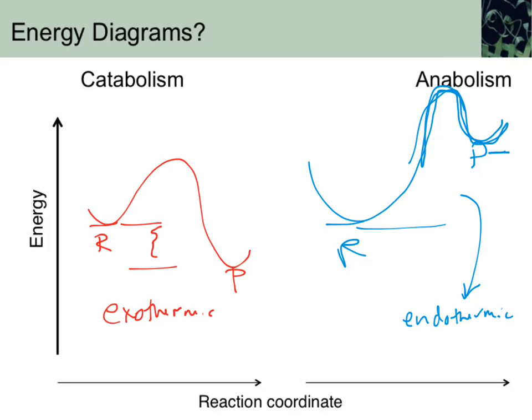Well, where can we supply the energy from? How do I get the energy to go from reactants to products here? Enzymes will change the activation energy, but they aren't going to change the energy between your reactants and products. We need some other type of energy source.